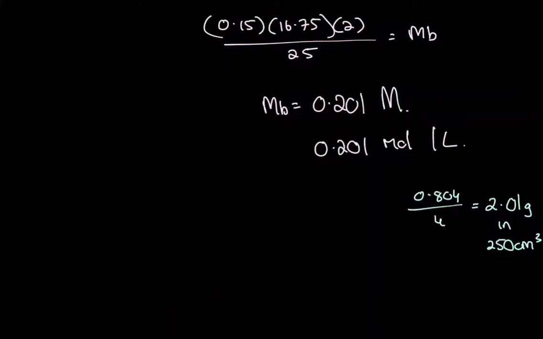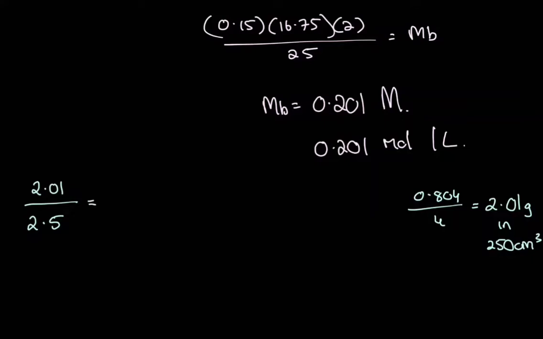So if I compare the 2.01 grams, which is showing up in my titration, because that's the active ingredient in it, the rest of the substance that was weighed out isn't reacting with the acid. And I compare that to how much I've actually weighed out, which was the 2.5 grams.